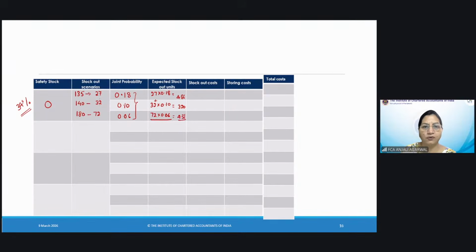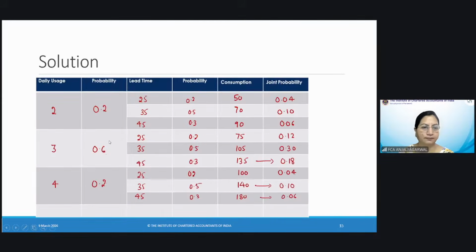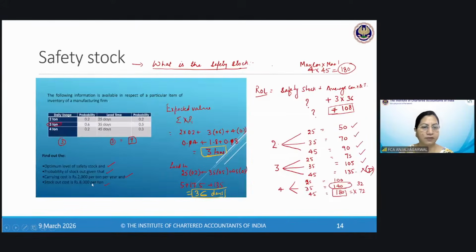So total stock out units is 4.86 plus 4.32 plus 3.20. So you are going to be stocked out by 12.38 units, and stock out cost is 8,000 per ton.